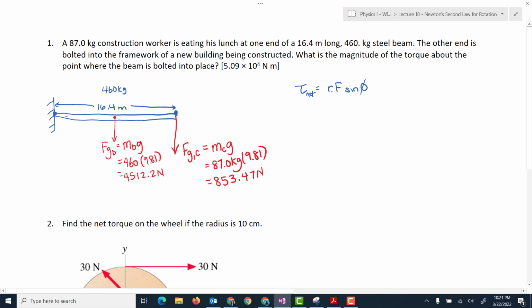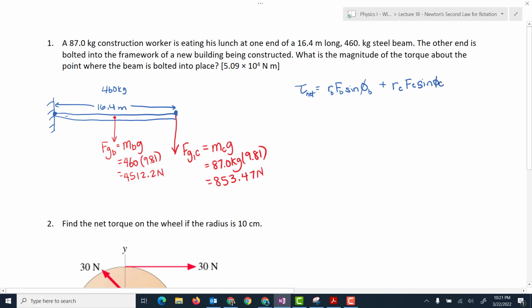This is going to be the torque of the beam, with a subscript B for beam, plus the torque caused by the weight of the construction worker, r F sine of the angle for the construction worker.